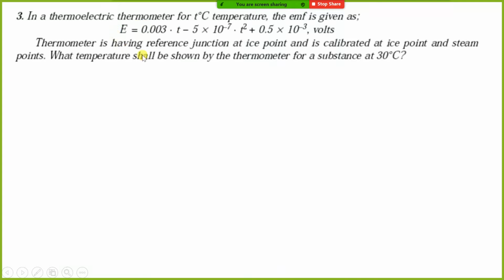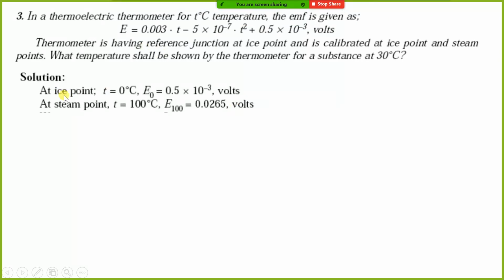The thermometer is calibrated at ice point and steam point. We know that ice point is 0 degrees Celsius and steam point is 100 degrees Celsius. And we have to check at 30 degrees Celsius how much temperature this thermometer gives. At ice point T is equal to 0 degrees Celsius.